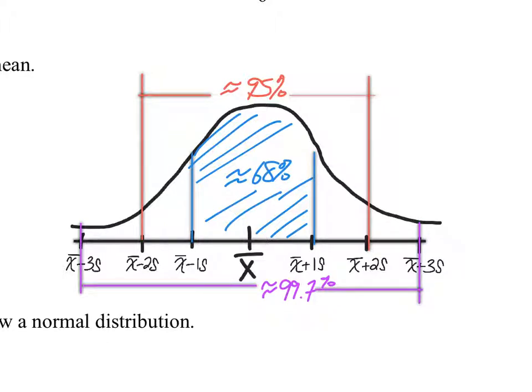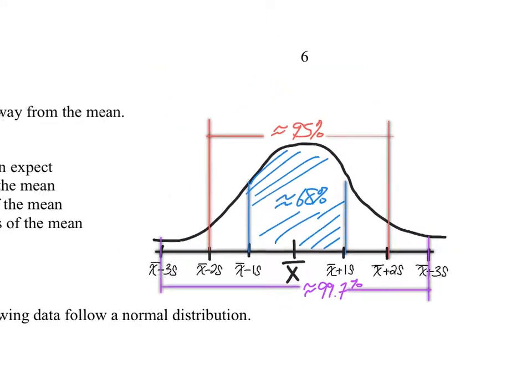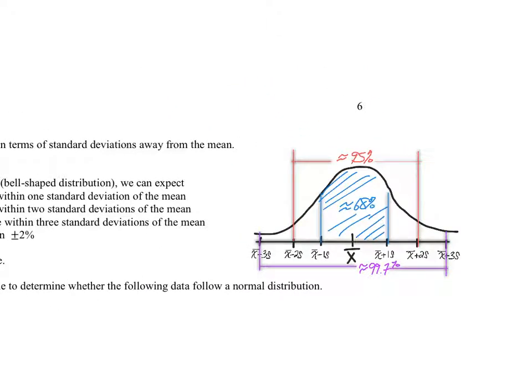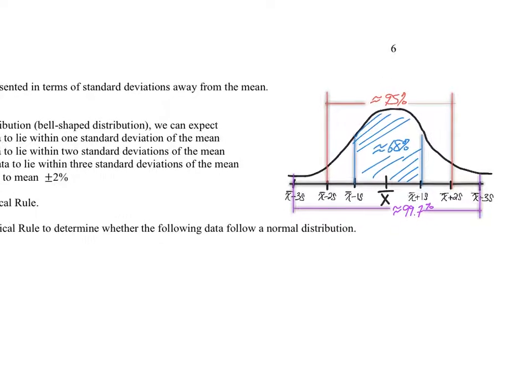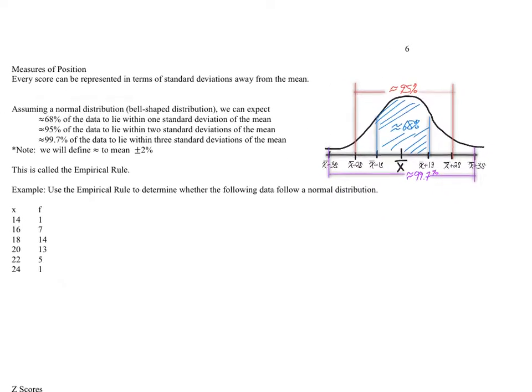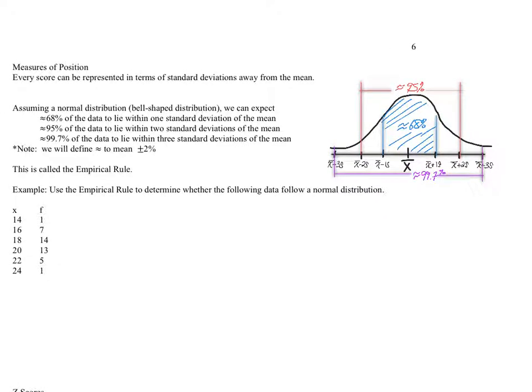So it's telling us that the majority of the data will be within one standard deviation, majority being more than 50%. Most of the data is going to be within 2 standard deviations, and damn near all the data is going to be within 3 standard deviations.